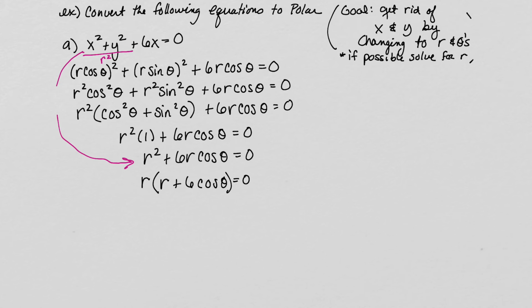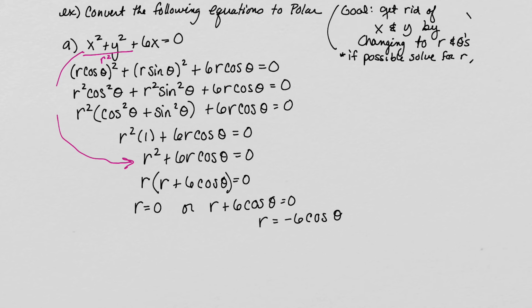Now I have two things being multiplied to give me 0, so either r equals 0 or r plus 6 cosine theta equals 0. The second one I can write as r equals minus 6 cosine theta. So you end up with two different answers: r could be equal to 0 or r could be equal to minus 6 cosine theta.